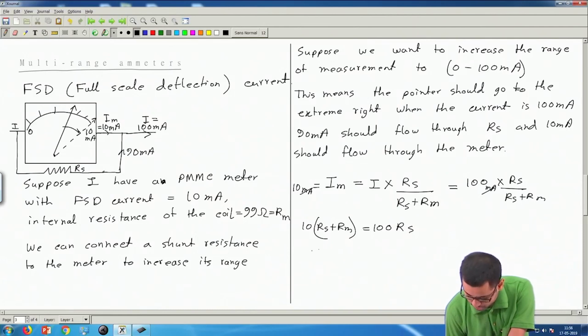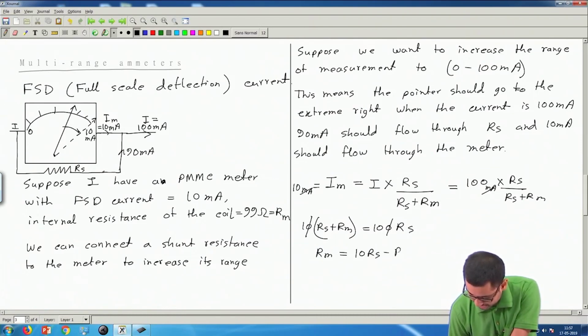Okay. If so, then this 10 is cancelled. Now we can write that Rs plus Rm is 10 Rs, or Rm should be 10 Rs minus Rs, which is 9 Rs. So therefore Rs should be Rm by 9.